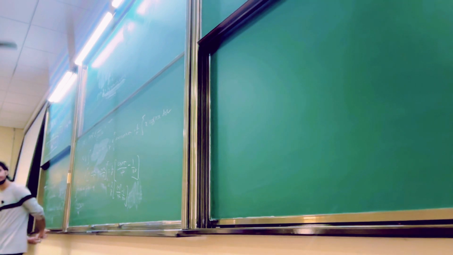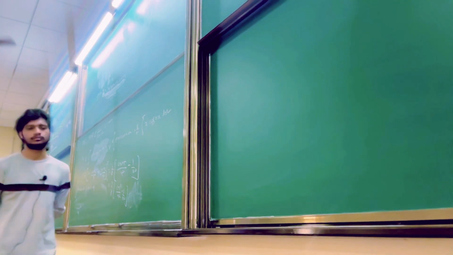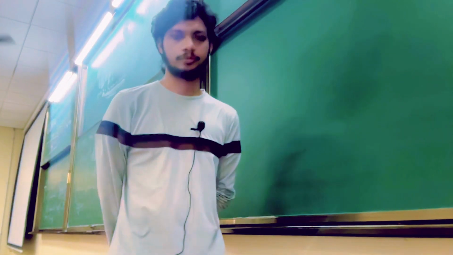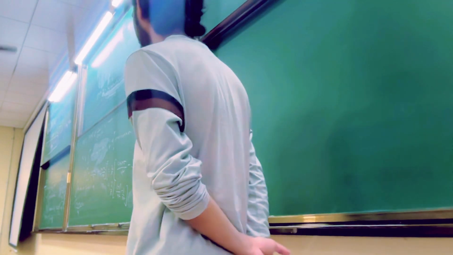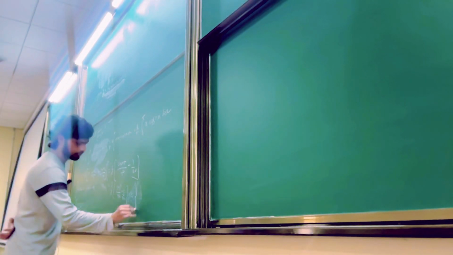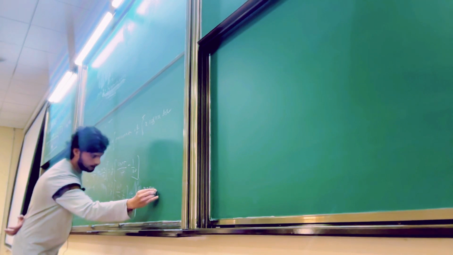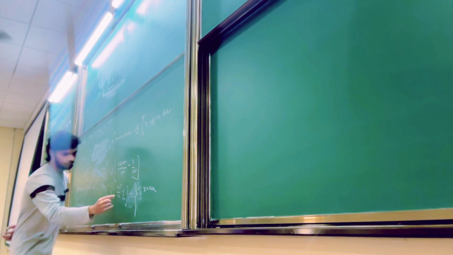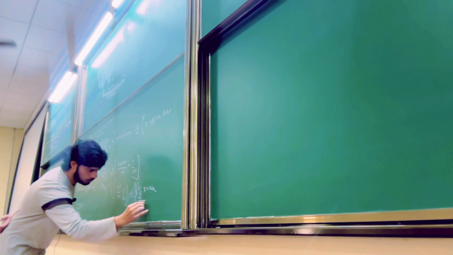Okay, so this is n. And this is going to be 0 if n is even, and if n is odd, this is going to be minus 4 upon 2n plus 1 whole square.